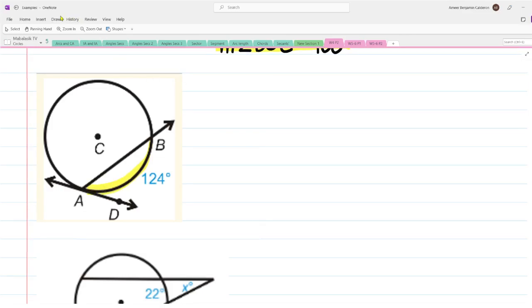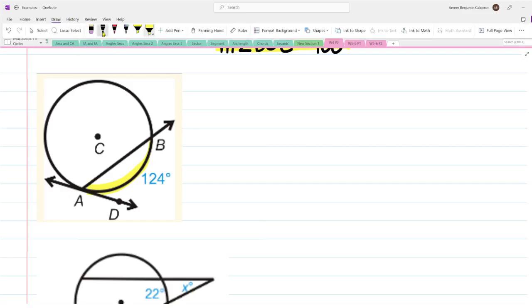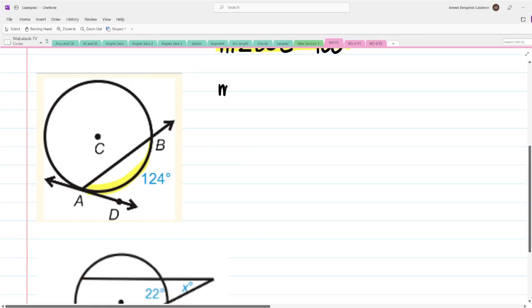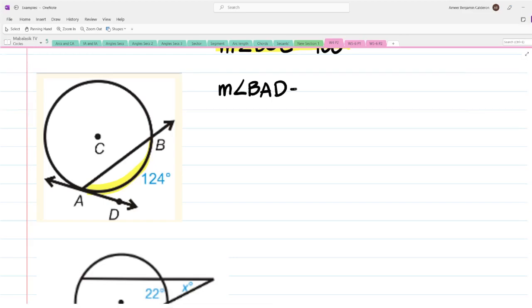Therefore, we will have the measure of angle BAD is equal to the measure of its intercepted arc, in this particular case, the measure of arc BA over 2.